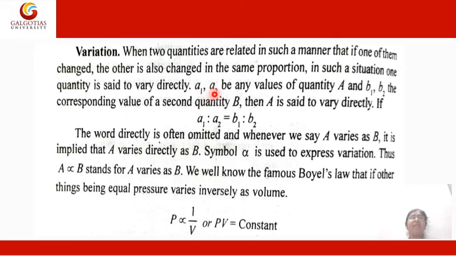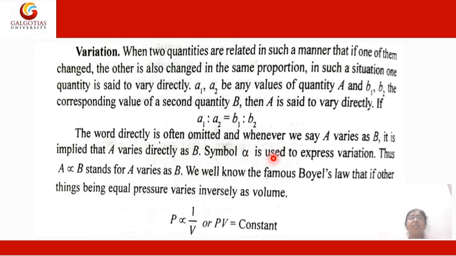That is, let A1 and A2 be any two values of the quantity A, and B1 and B2 the corresponding values of the second quantity B. Then A is said to vary directly as B if A1 is to A2 is equal to B1 is to B2. The word directly is often omitted whenever we say that A varies as B. So it implies that A varies directly as B.